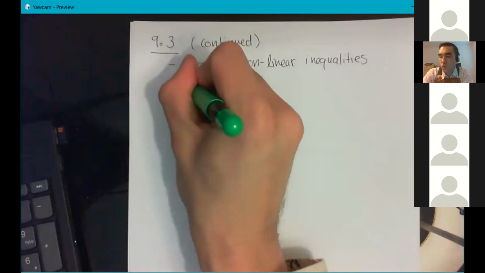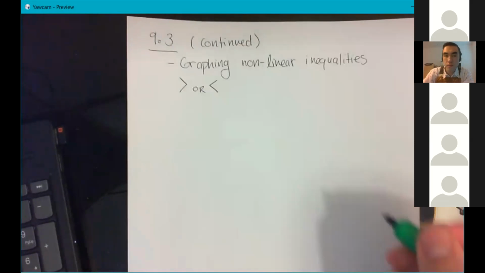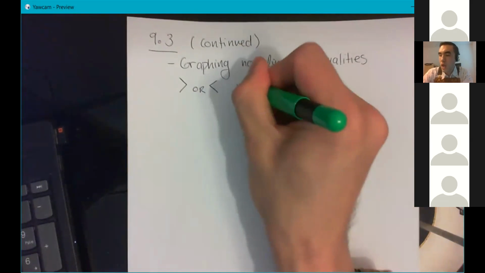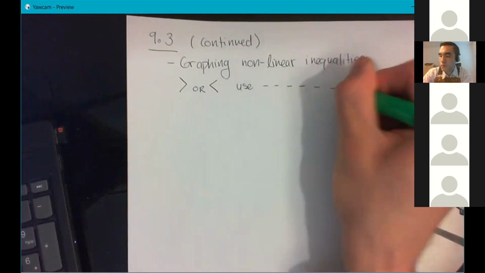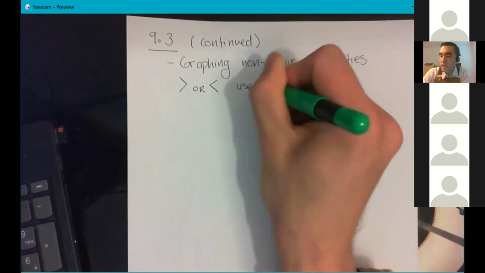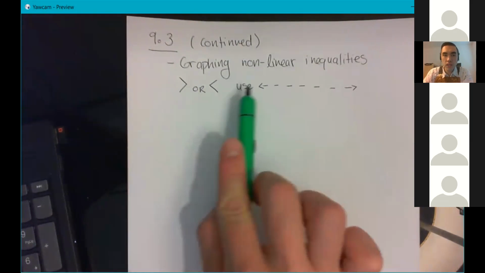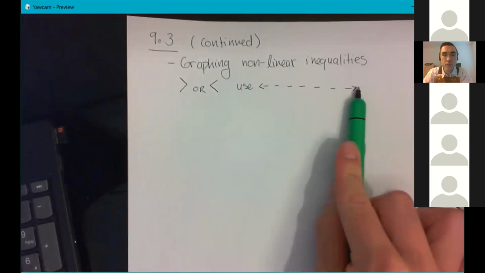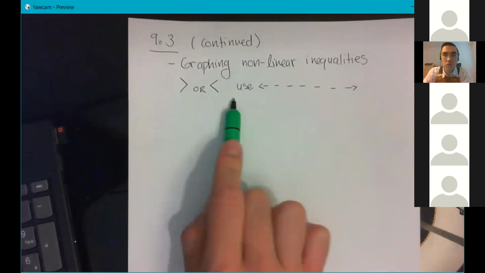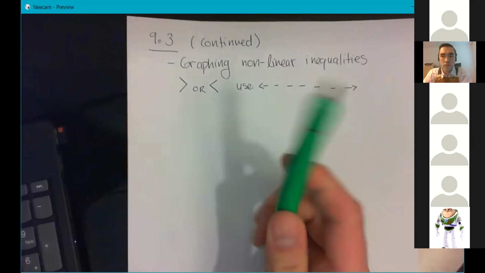If something is drawn with strictly greater than or strictly less than, we need to use a dotted line. And why is that? Why is it that when we see this strictly greater than or strictly less than, we have to use a dotted line? What is this supposed to represent with respect to what these symbols mean? The line doesn't have any solution.